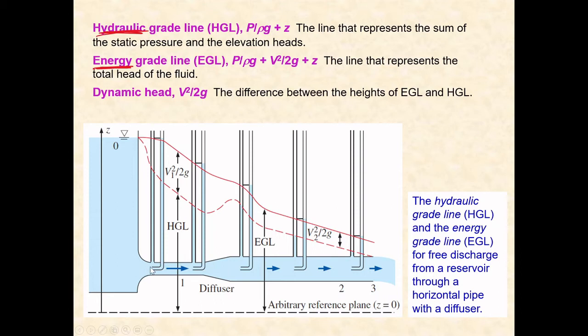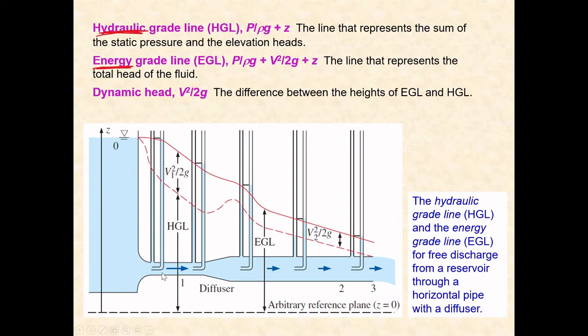When the fluid comes in contact with this point, the fluid will stop, so all this pressure, this kinetic energy, will be converted into water height. So we can actually separate out the kinetic part from the total head. That's why we have the HGL, which includes only pressure and elevation, and the energy grade line, the EGL, which combines pressure, velocity, and elevation.